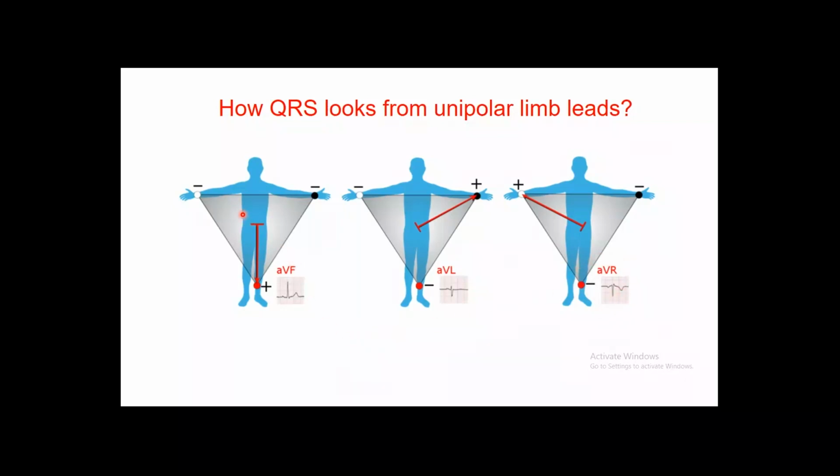And as it is going downwards and to the left in the direction of the left foot, the left foot electrode will record a positive QRS complex, while that of the left arm is midway between both, because the direction of the depolarization wave is directed to the left, but it is downward, and it is relatively away from aVL, so it will create a biphasic QRS as seen here.